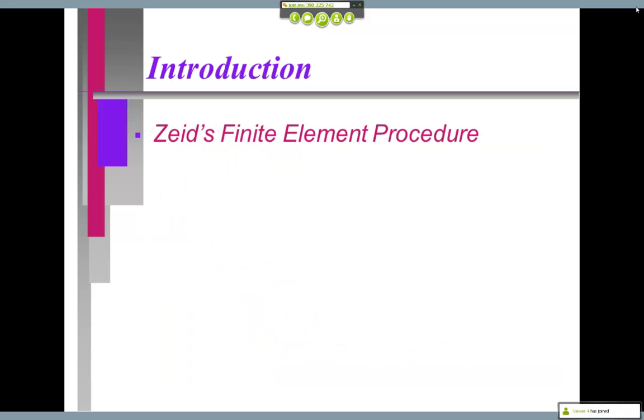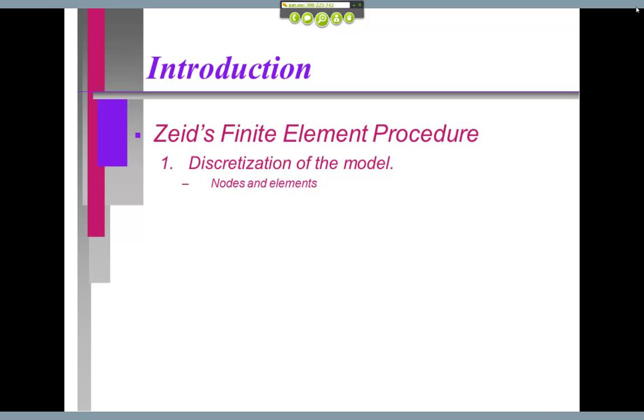So in the textbook, the author lays out a procedure for doing finite element. The first step that he talks about is discretization. If you're wondering where you should be spending your time most in reading, it's in the sections that are covered by this outline.